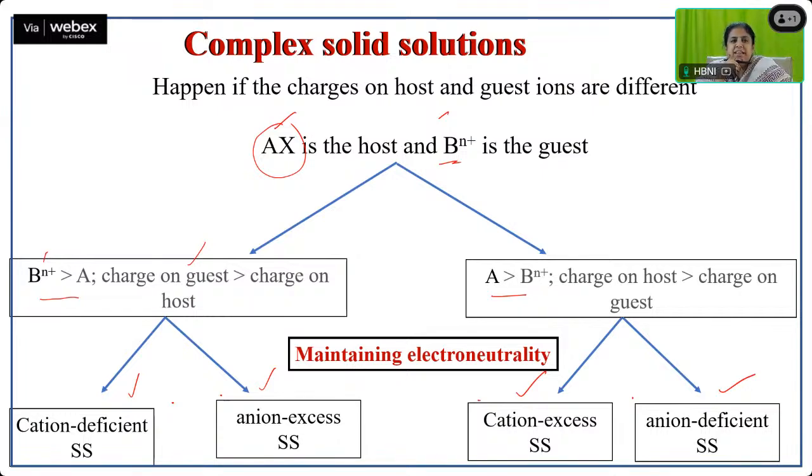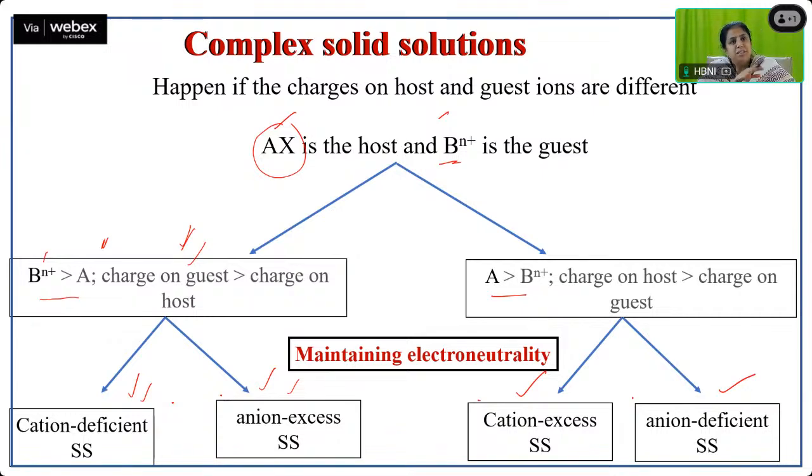What do I mean when I say that? Suppose I am in the region where the charge on B is greater than the charge on A, and I have formed a solid solution. I will not know what mechanism it will adopt, whether the cation deficient kind or the anion excess kind, because both are a consequence of the same thing.